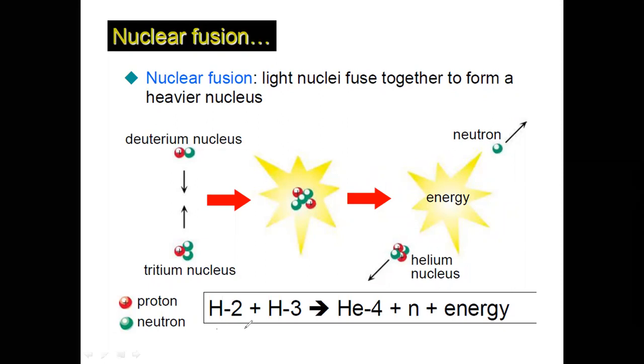Here the example is the hydrogen particle: one is H-2, the lower mass value, and another is H-3, the higher mass value. The final output is helium, and it releases one neutron.